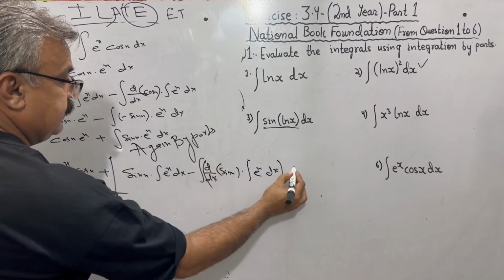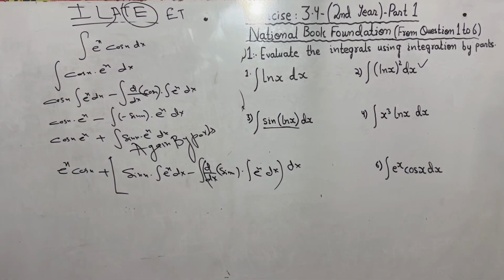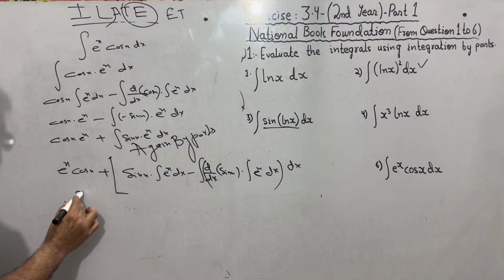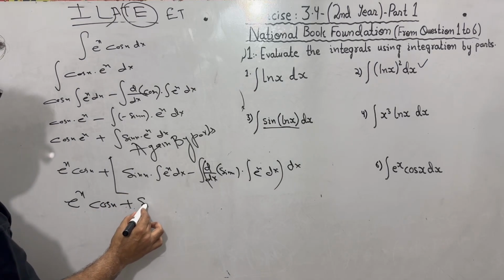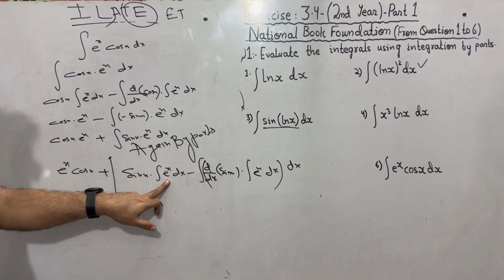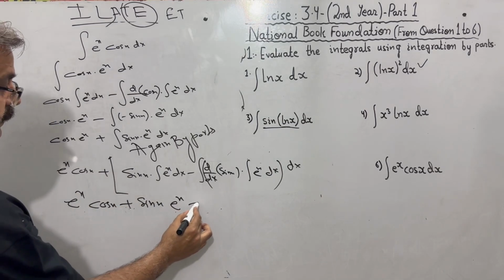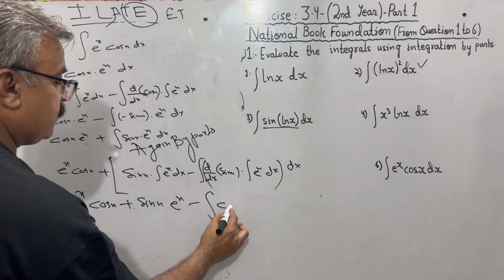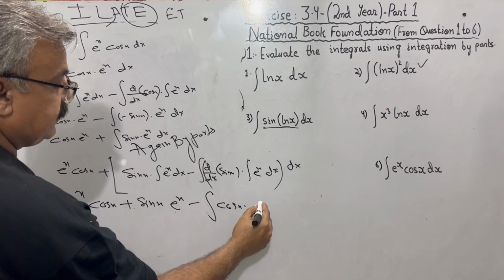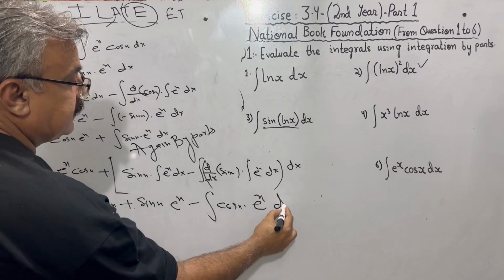Owing to this integral, there is dx. One more. I have e raised x times cos x plus sin x. Integration of e power x is e power x, minus whole integral, differentiation of sine is cos times integration of dx is again e^x dx.